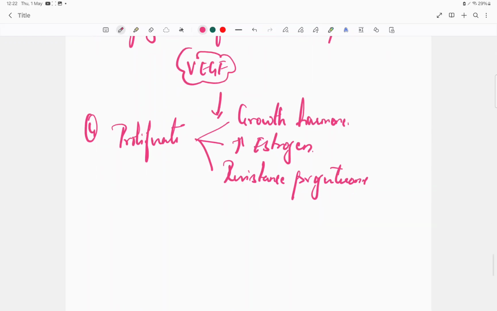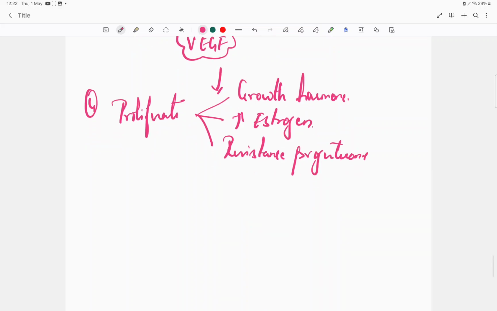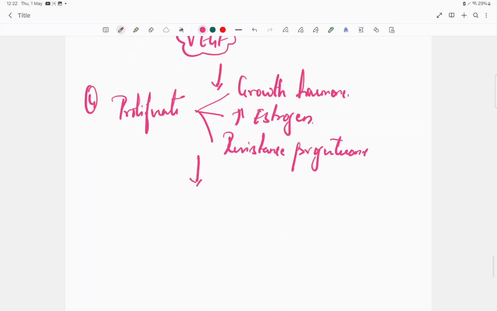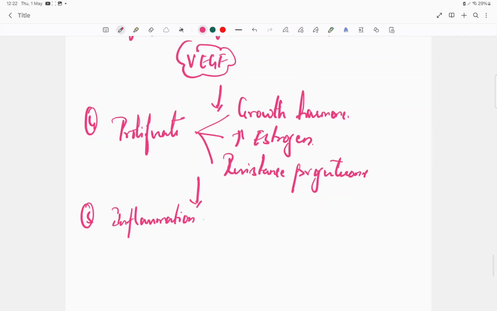These are the three things responsible for the proliferation. From the beginning, inflammation will be there. Inflammation is happening because of prostaglandins. Yes, very good, what you said is absolutely right.